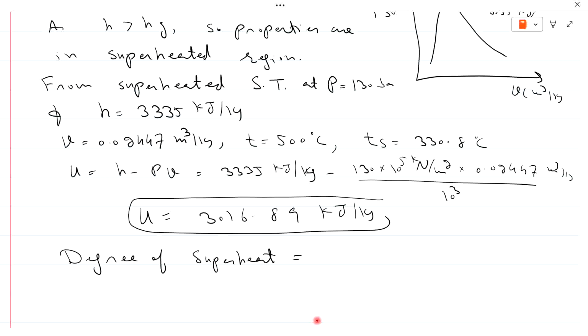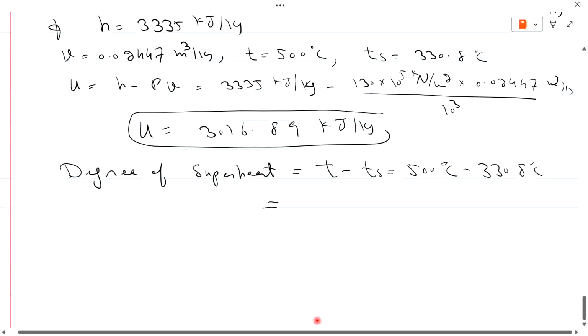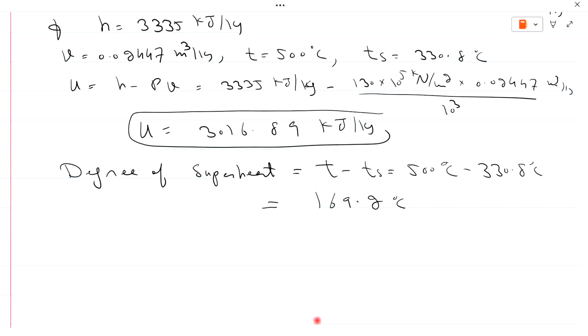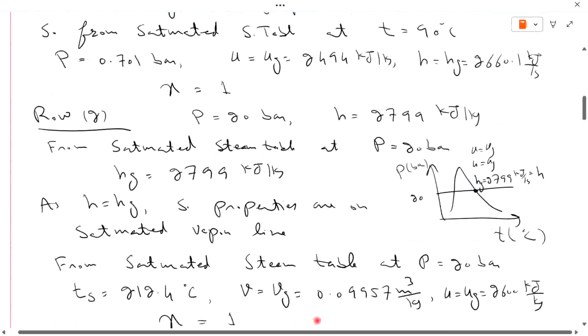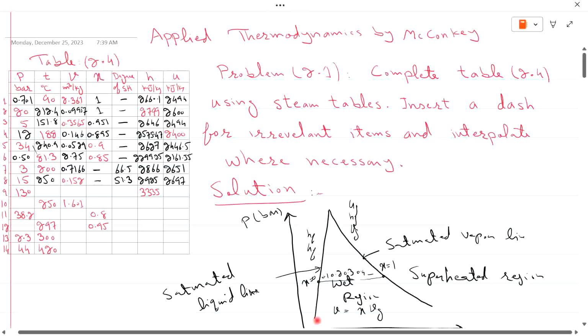Degree of superheat is equal to superheated temperature minus saturation temperature. Superheated temperature is 500 degrees centigrade. Saturation temperature is 330.8 degrees centigrade. So degree of superheat is equal to 169.2 degrees centigrade. So put this value in row number 9. Temperature in row number 9 is 500 degrees centigrade.